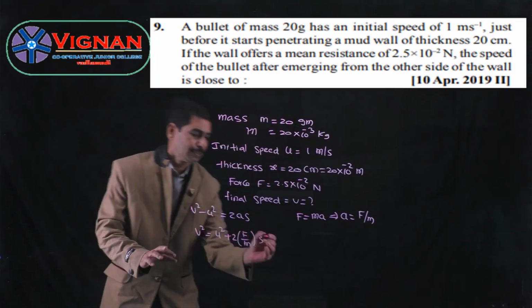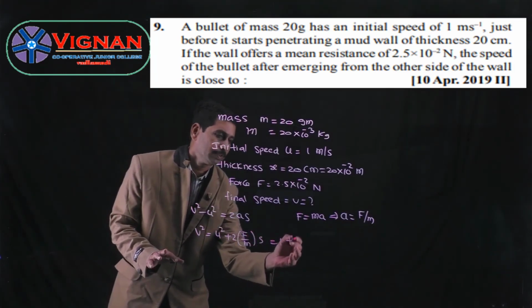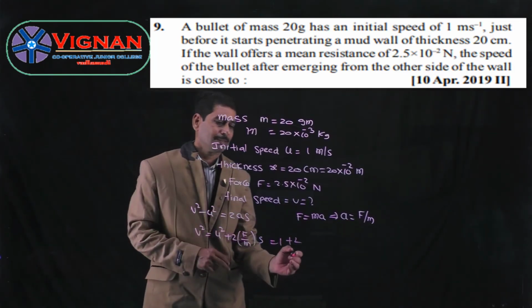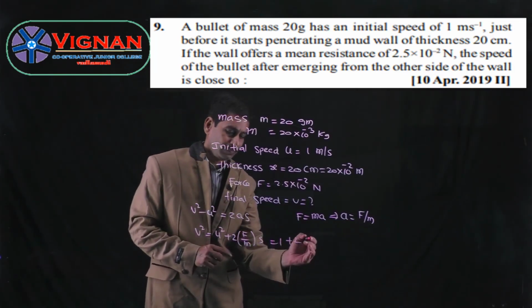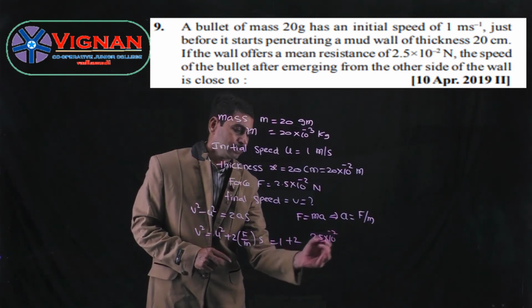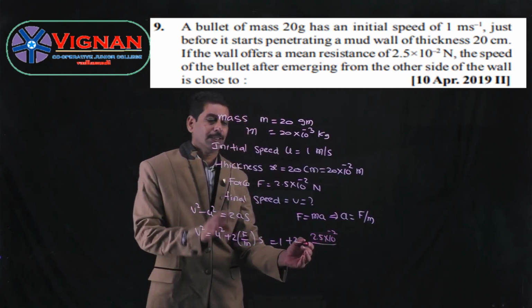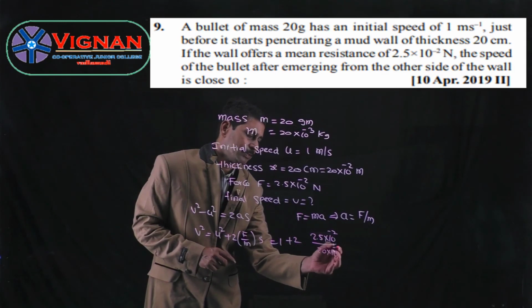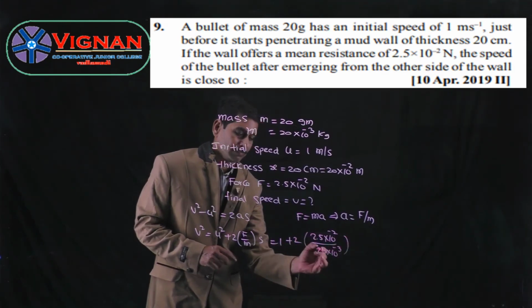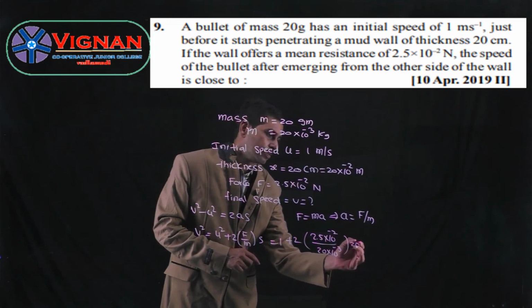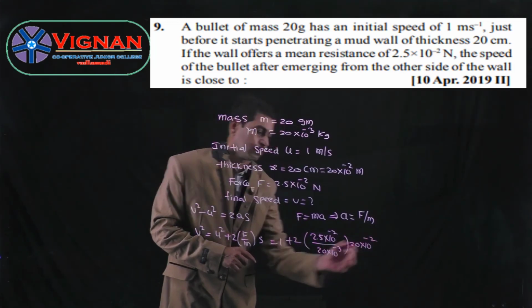And here the initial velocity is given as 1, plus 2 into the force 2.5 into 10 power minus 2 divided by the mass 20 into 10 power minus 3, and the distance 20 into 10 power minus 2.